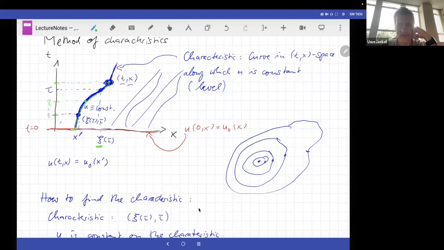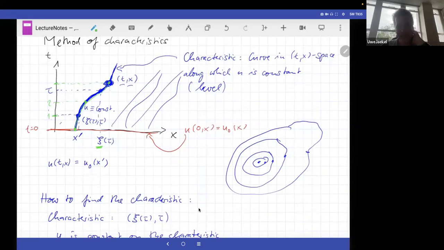Tau is a parameter which tells us where I am on the characteristic, how much time I have spent on the characteristic in a way. And psi of x is where I am in space.